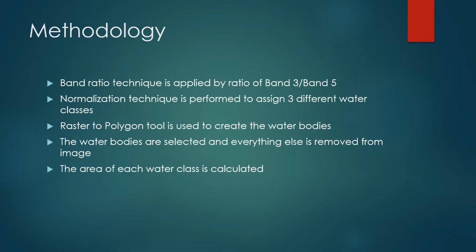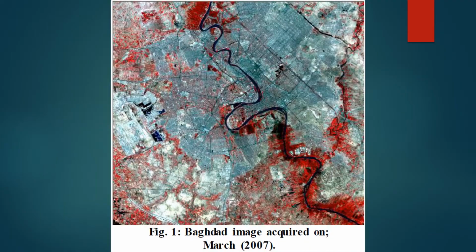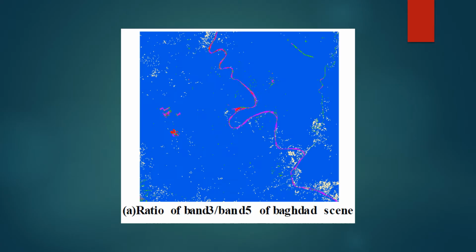As mentioned, there is dumping of sediments directly into the Tigris River. Here is the beginning image of the Tigris River that will be used for this project. The original image was converted using the band ratio method, and band 3 was divided by band 5 in order to make the water bodies stand out.